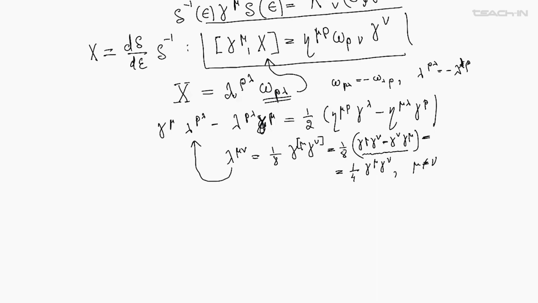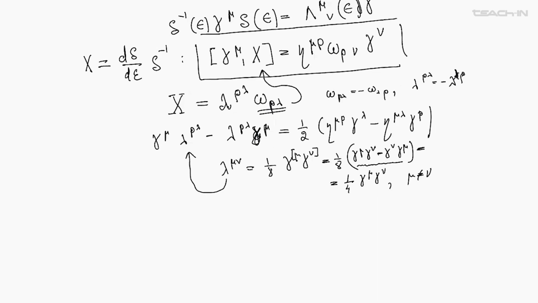On the other hand, since we found it, we see that our equation for S can now be specified as follows. We had dS over d epsilon equals X multiplied with S. But now we found what X is.